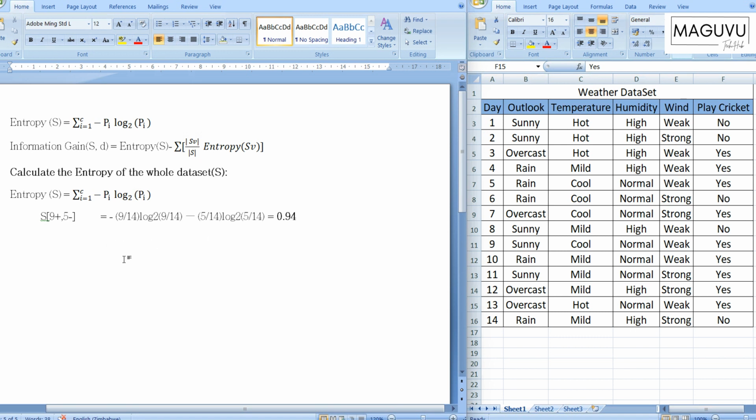So the next step, once we have calculated the entropy of the whole data set, is to look at these individual features, to look at their information gain, so that we select the next node or our root node. So we are going to consider outlook, temperature, humidity, and wind. That's how we are going to do it.